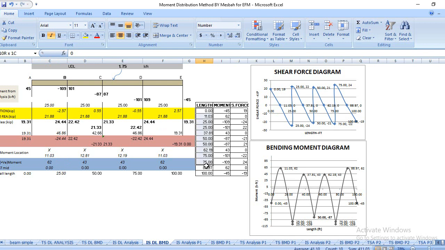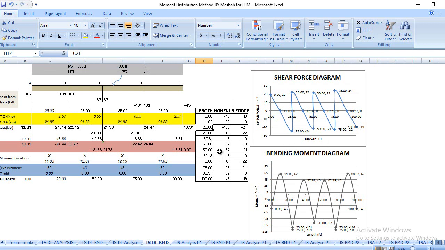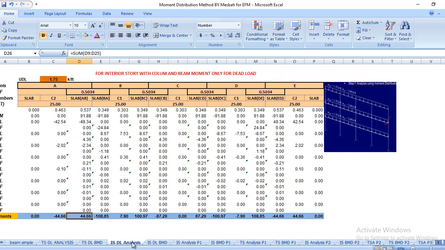And these are the lengths I already calculated, because this A point is at distance 0. After that, the maximum moment lies at a distance of 11.03. Then we have a B point. At B point we have this side 25 and that side 25, and so on. Clear? So this is the whole calculation for the interior story.